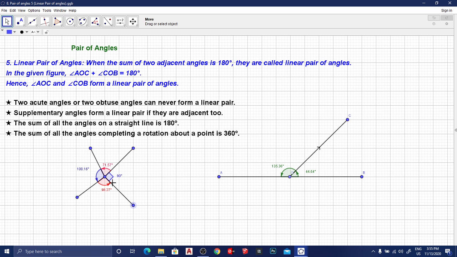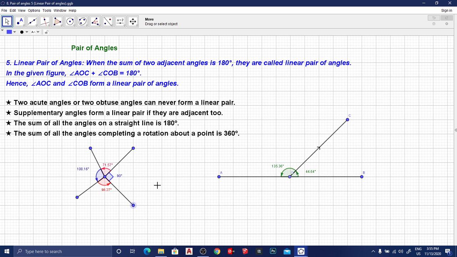This is 90 plus 98.27, 100.16 and 71.57. By adding all these, you will always get 360 degrees. This property is also very important while you are doing problems. The sum of all the angles completing a rotation about a point is 360 degrees.